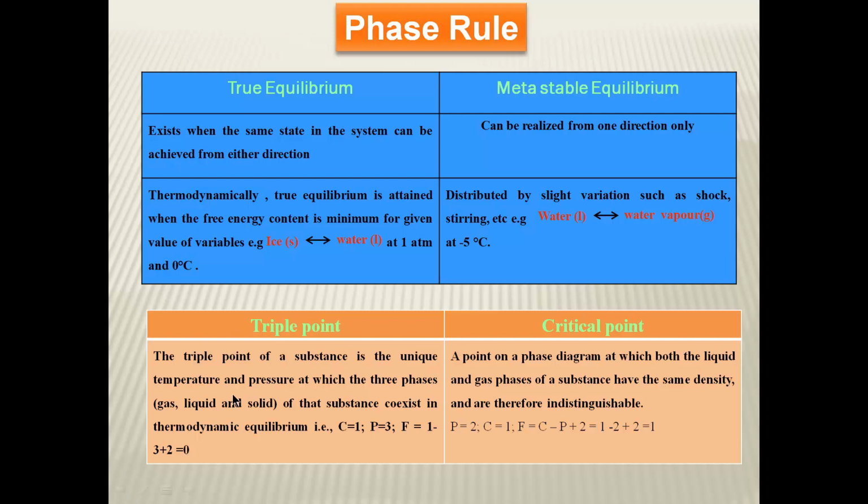Because it is clearly specified that it has to be 4.58 mm and 0.0075 degree centigrade, in which three phases of that substance coexist in thermodynamic equilibrium, giving you an invariant system. Whereas critical point is a point on a phase diagram at which both the liquid and gas phases of a substance have the same density and are therefore indistinguishable, and the system is univariant. So this is the difference between triple point and critical point.